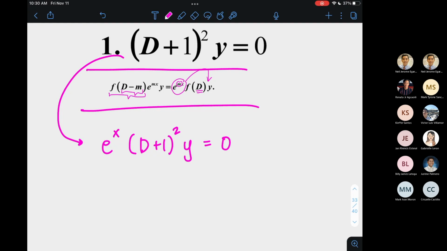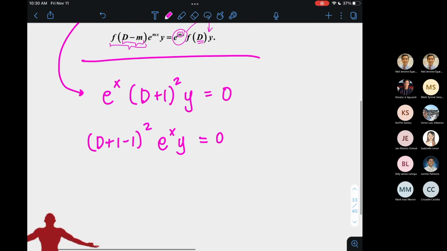Well, exponential shift theorem means if I want to put e to the x inside of my operator, right? So meron pa rin yung squared. Magkakaroon ako ng d plus 1, the original operator, pero minus whatever the coefficient to the exponent of e. Ang exponent niya ay x, ang coefficient ay 1, so magkakaroon ka ng minus 1 dun sa loob ng operator.